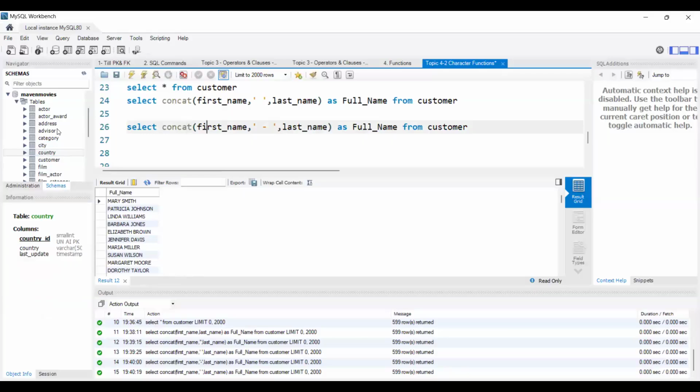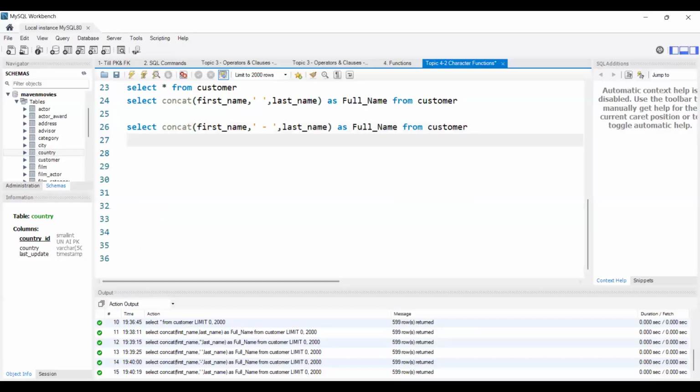For example, we concatenate first and last names as full name, and city, state and country as a column named address. We will use this more frequently. I hope it is clear for you.